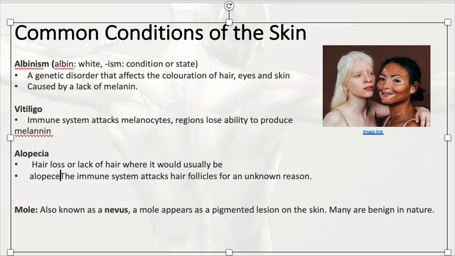Alopecia areata. There we go. In alopecia areata, this is an autoimmune condition. Your immune system mistakenly attacks hair follicles, and this stops hair growth, typically in round patches at first. But the result is hair loss in specific regions.